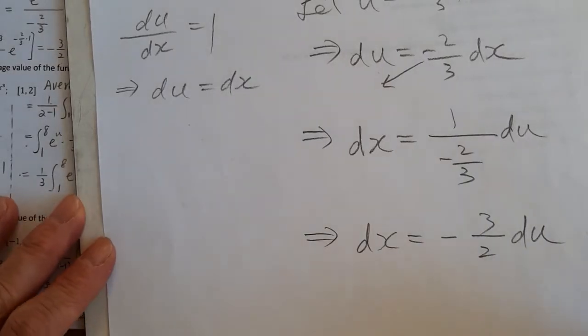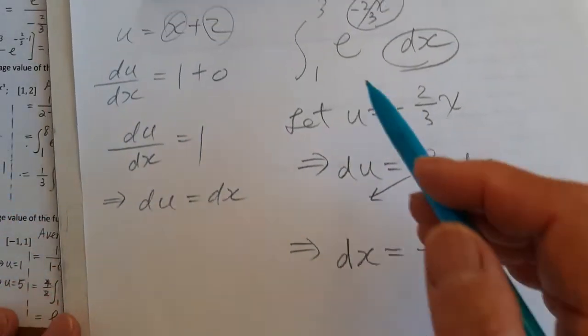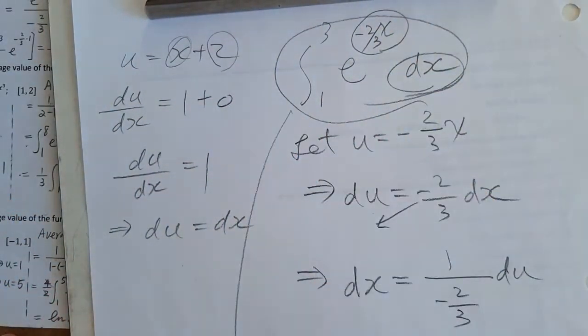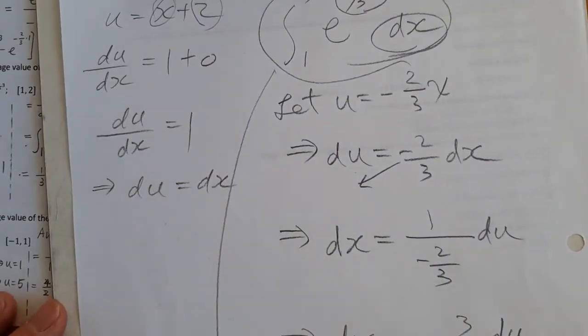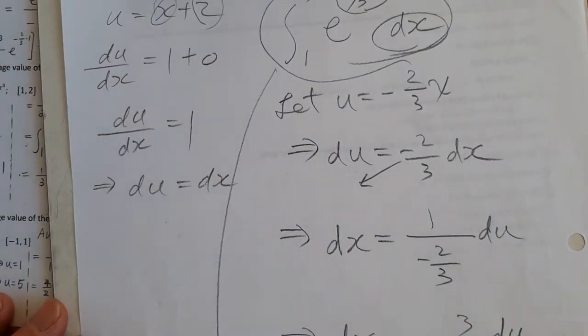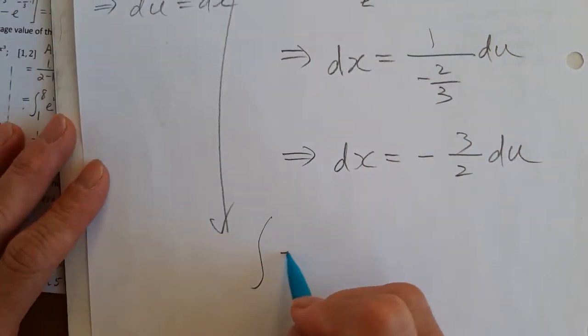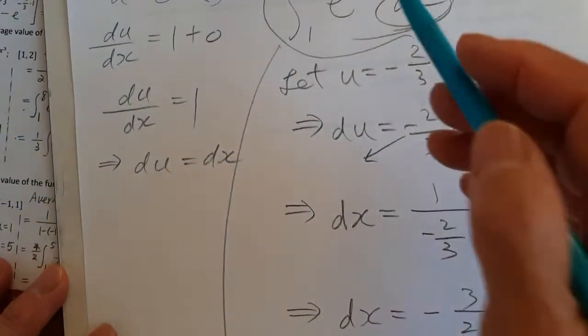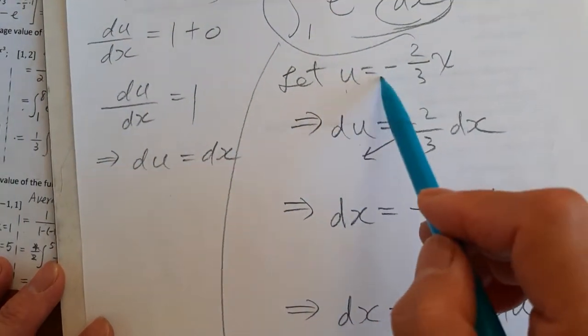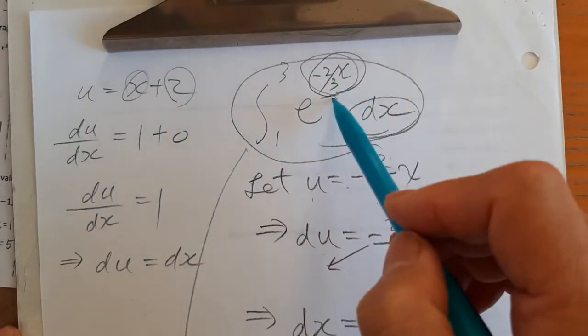Then you substitute in. The original is this, and you substitute into the integral e to the power u, since u equals negative 2 over 3 x.